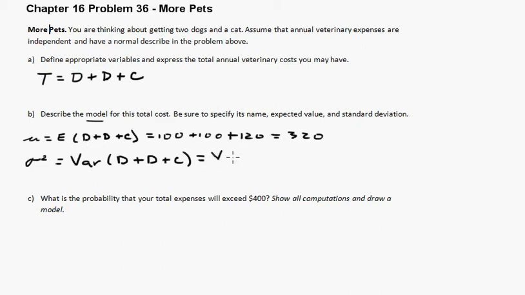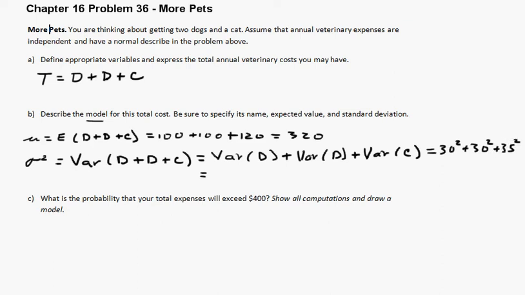This is going to be the variance of D plus the variance of D plus the variance of C, variance of cats. So that's just going to be 30 squared plus 30 squared plus 35 squared.